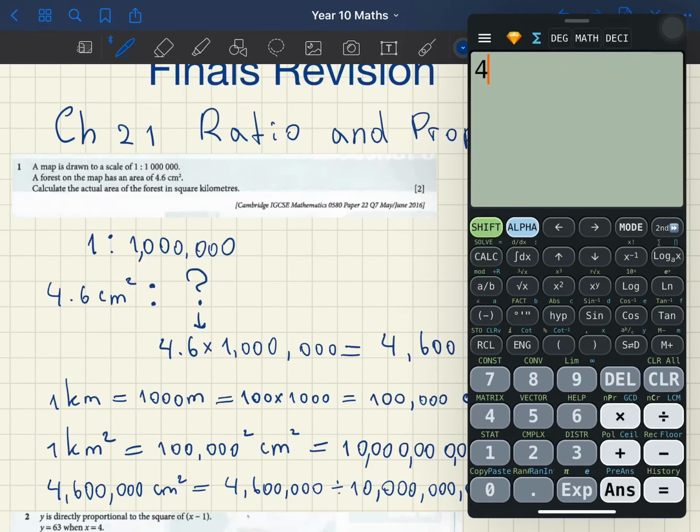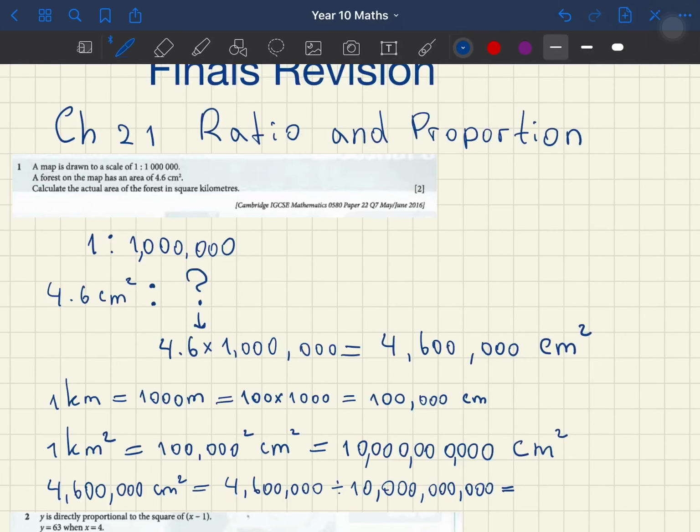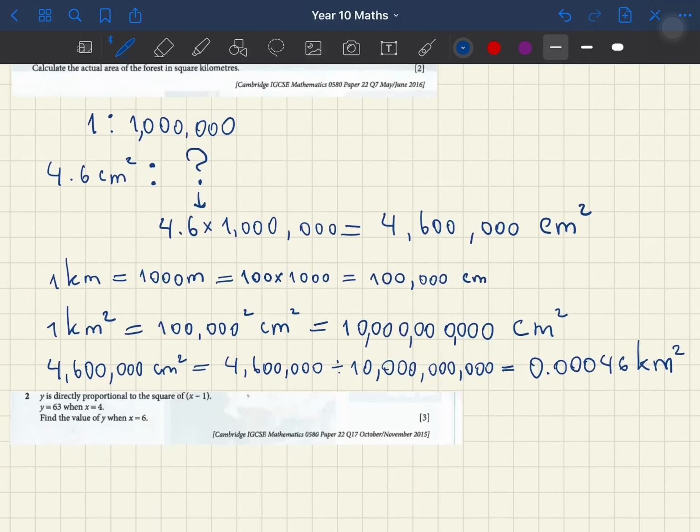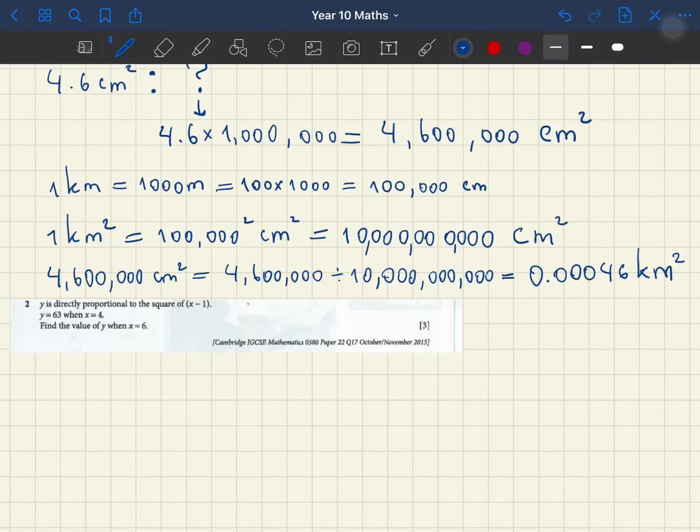So 4,600,000 divided by 10 billion is 0.00046. It's actually kind of a complicated question, I would say. So 0.00046 kilometers squared, like this.